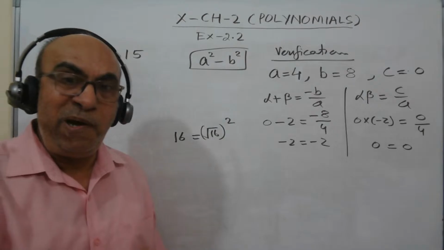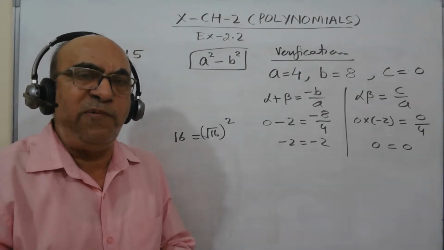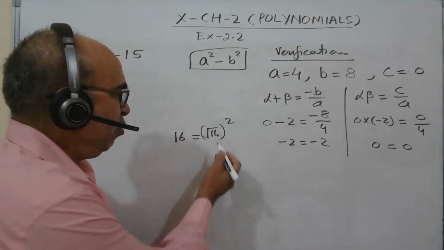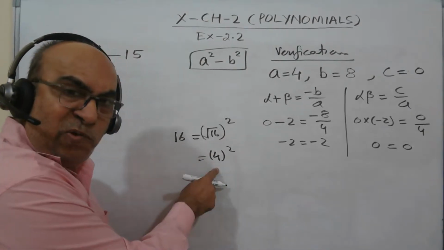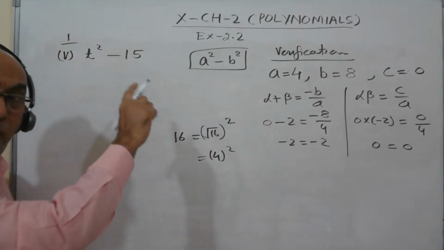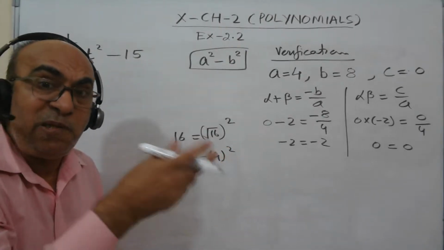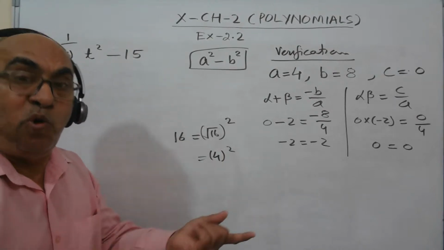To write a number as a square of any number, you take the square root of that number, whole square. So what is the square root of 16? 4. So 16 equals 4 square, right? Same thing, I want to write this number as a square of a number. This very simple concept is square root of that number whole square.